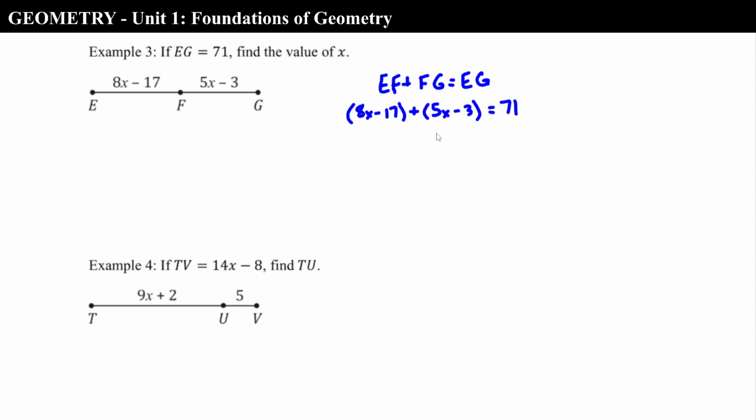So 8x plus 5x gives us 13x. Negative 17 plus negative 3, that's negative 20. We add 20 to each side. So 71 plus 20 gives us 91. And 91 divided by 13 gives us 7. So x equals 7.